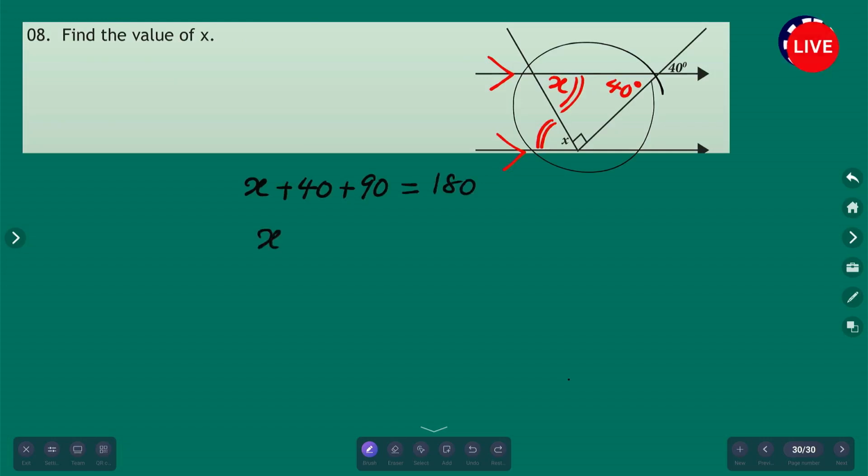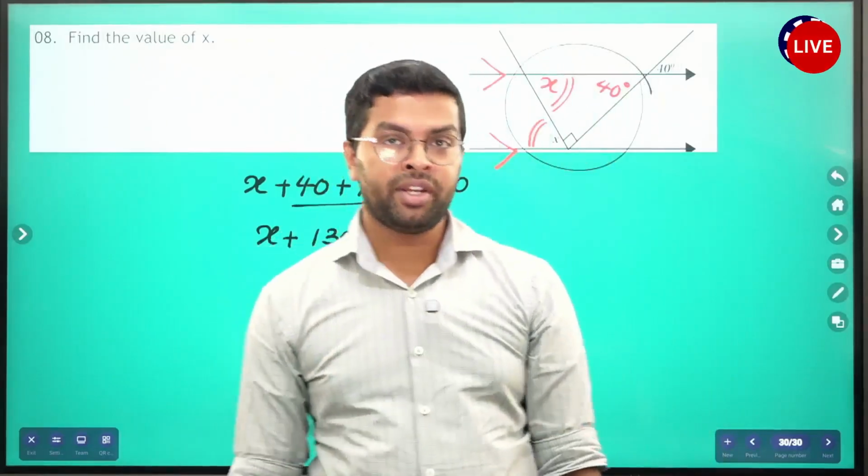X plus 40 plus 90 is 130 equals 180. So x equals 180 degrees minus 130 degrees. X equals 50 degrees. Question number 8, answer is 50 degrees.